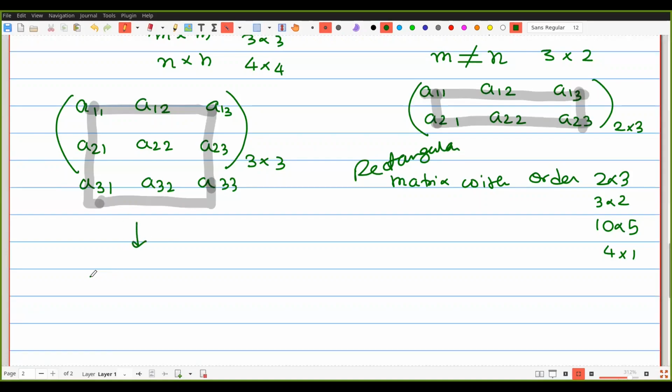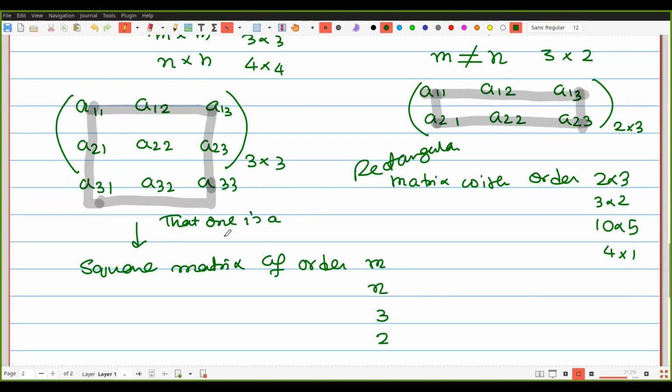In the case of square matrix, we must say square matrix of order m or n or 3 or 2. Only one number is sufficient because m is equal to n. So whatever it is, suppose that is 3 cross 3. So here we can say that one is a square matrix of order 3, since that is 3 cross 3.